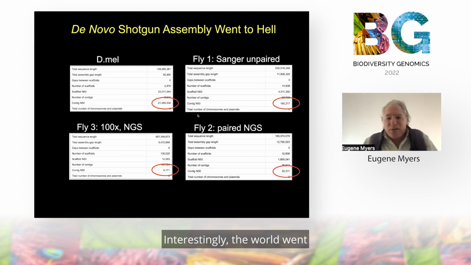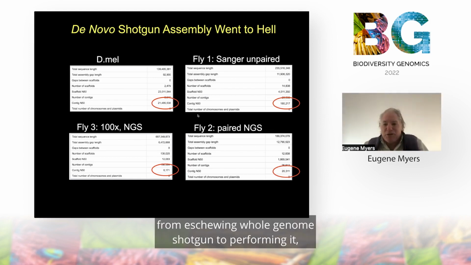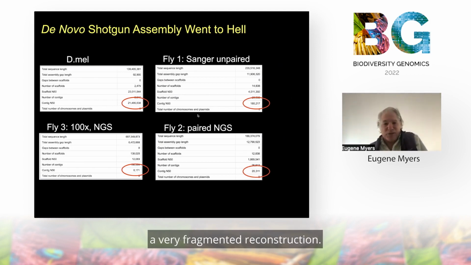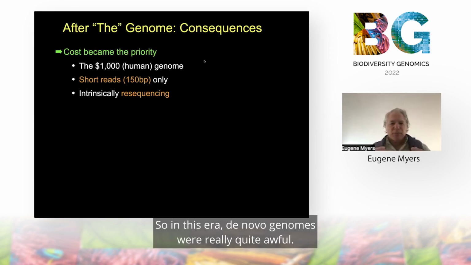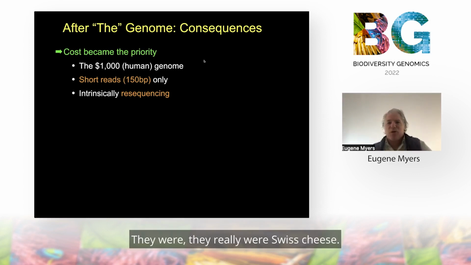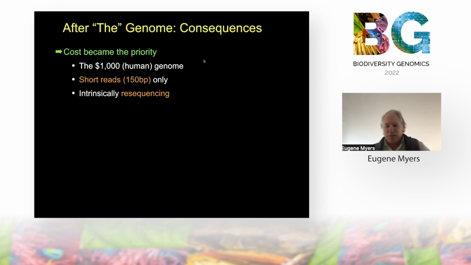Interestingly, the world went from eschewing whole genome shotgun to performing it even when the data guaranteed a very fragmented reconstruction. So in this era, de novo genomes were really quite awful. They really were Swiss cheese.